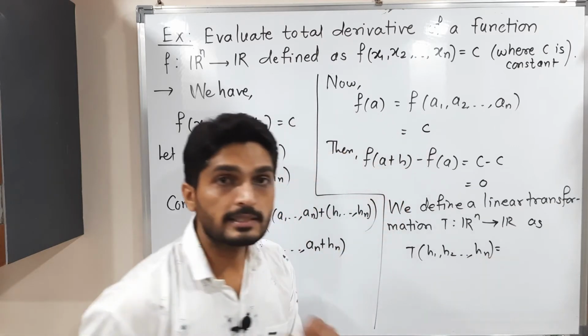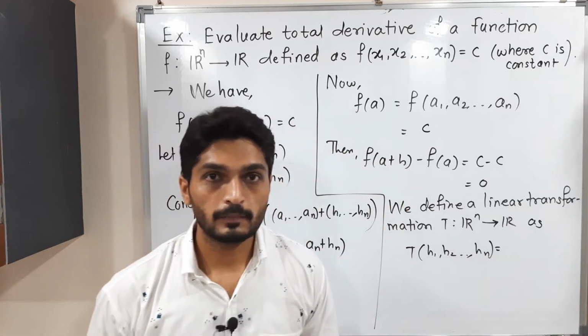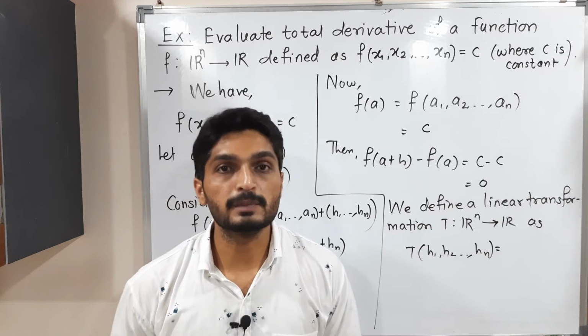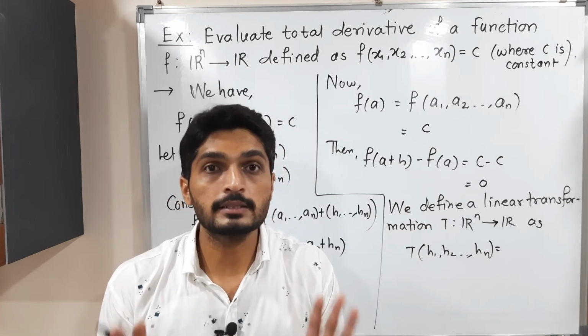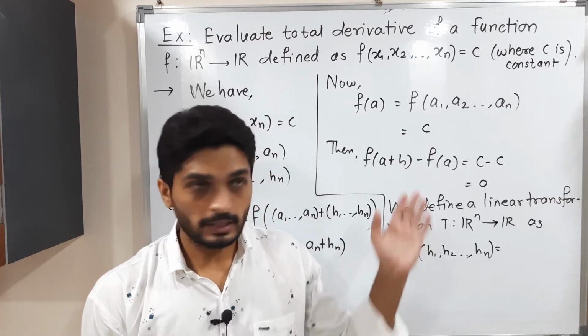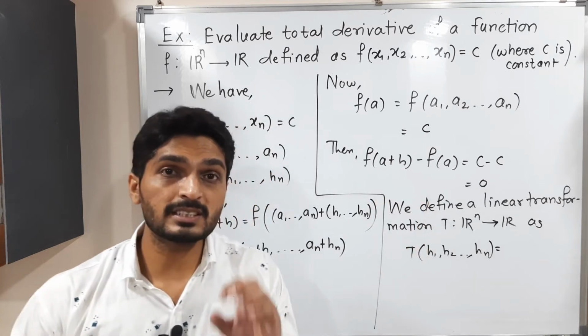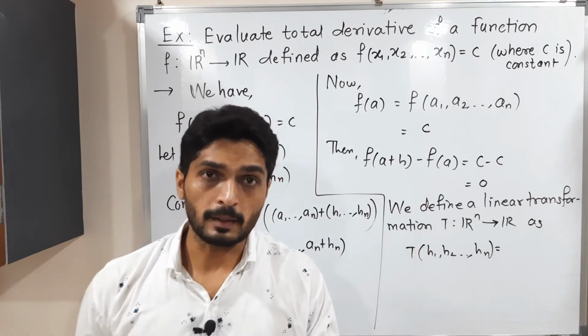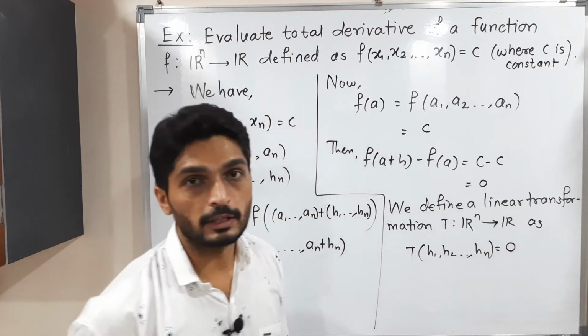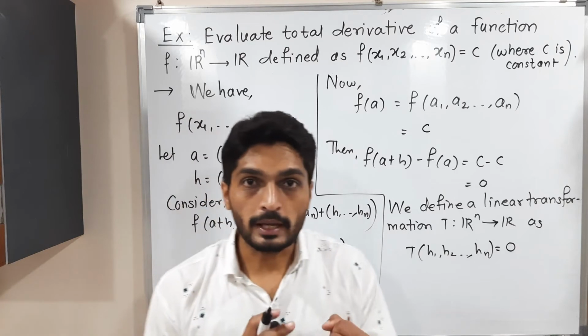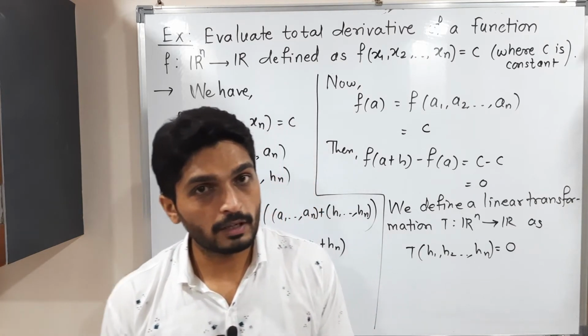So how do we decide the definition of T? By observing the difference between them. If there is any linear term, we define it as T. But as you can see in this example, the difference is 0. So obviously our definition of T is also 0.